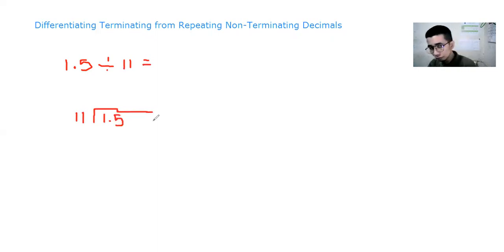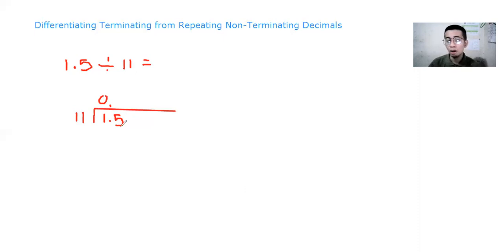Ngayon, since meron tayong point, lagyan na agad natin ng point yung ating magiging quotient. Then, sa unahan ng point, kung walang number na anything sa unahan ng point, lagi siyang may 0. Okay? Basta kapag walang number doon sa unahan ng point, lagi siyang may 0.